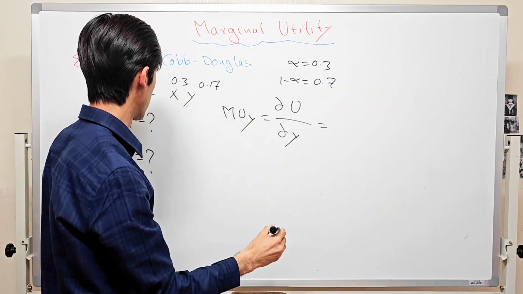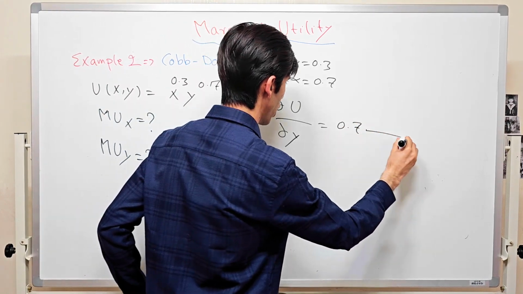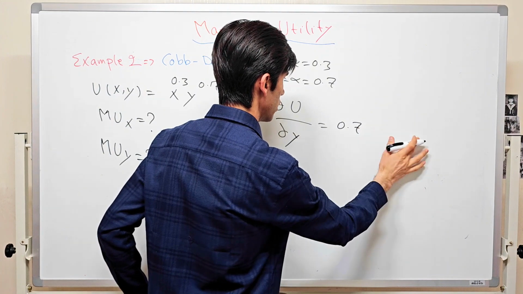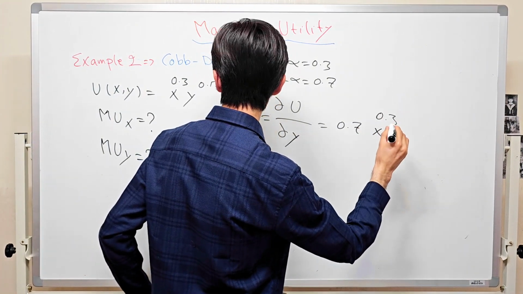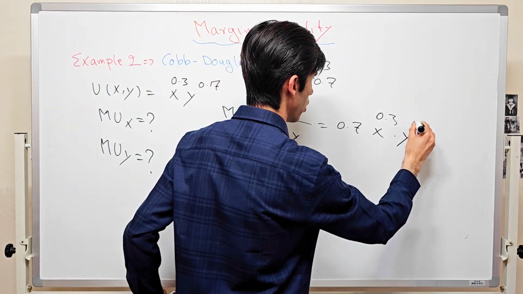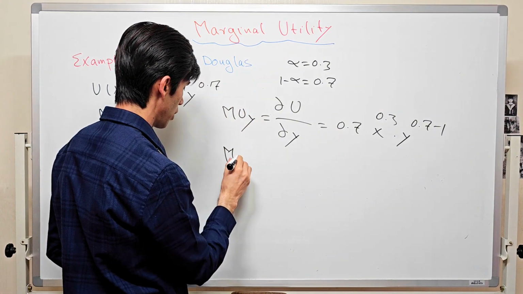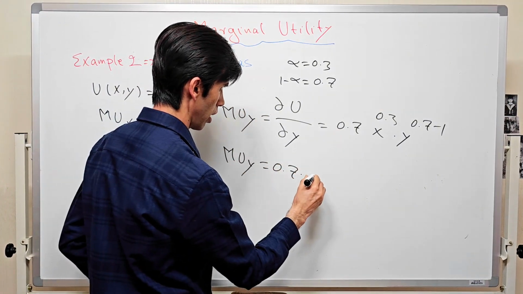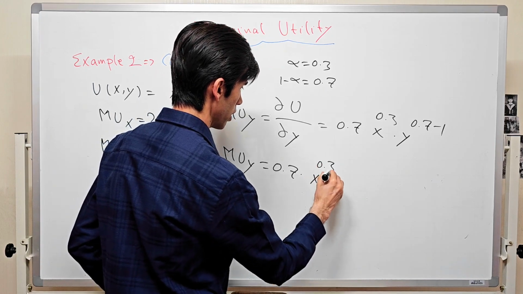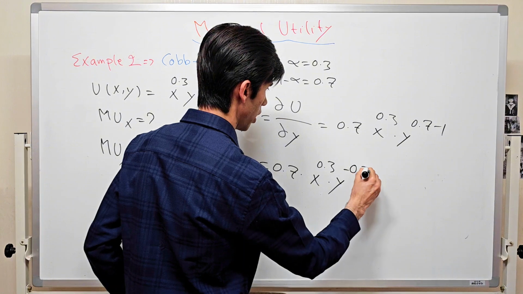So now we can write 0.7 multiplied by x to the power of 0.3 multiplied by y to the power of 0.7 minus 1. Then the marginal utility of y is equal to 0.7 multiplied by x to the power of 0.3 multiplied by y to the power of minus 0.3.